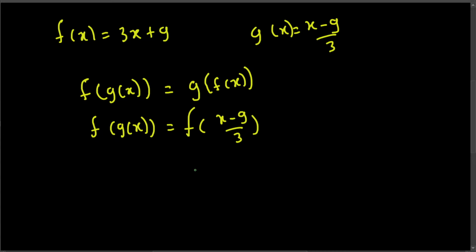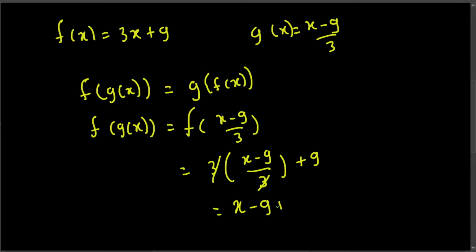So 3 times, instead of x I put x minus 9 over 3, and then plus 9. Let's simplify. The 3s cancel, and we get x minus 9 plus 9, and minus 9 plus 9 cancels, therefore x. So the answer we are getting for f of g of x is x.